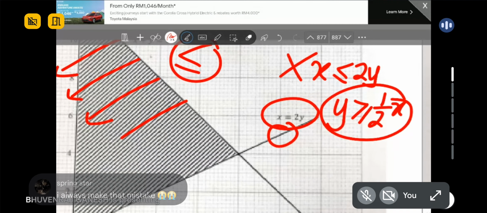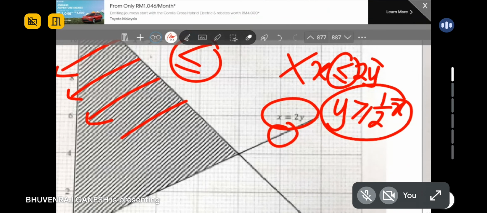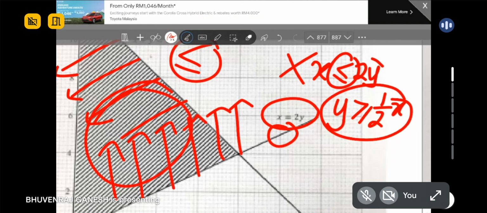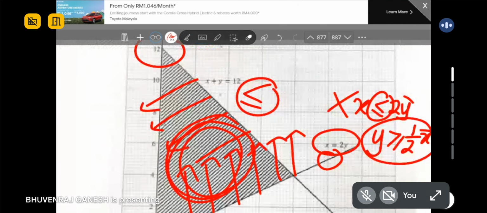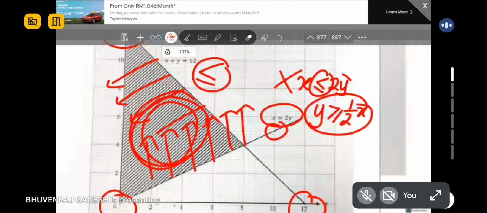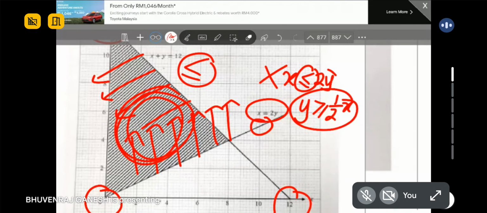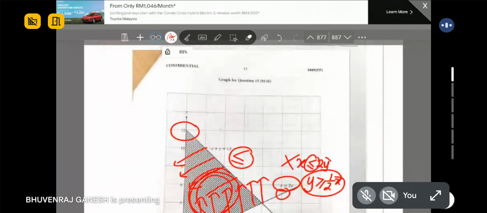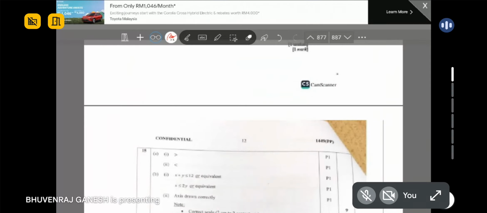You cannot directly see the shaded region from this format. Understand? Common mistake, guys. So that's why you actually must shade on top, lorek ke atas. Okay, so that's why the common region is over here lah, guys. Okay, yang serupa, kamu lorekkan. Okay, understand, guys? Do you get the concept? Jelas? So this is how you answer graph. Okay, very easy to score lah, guys.